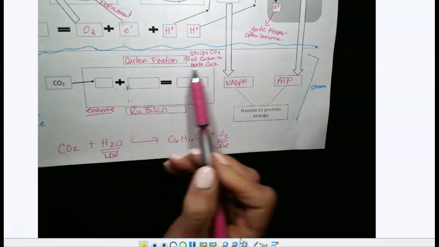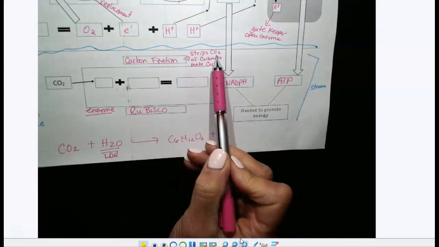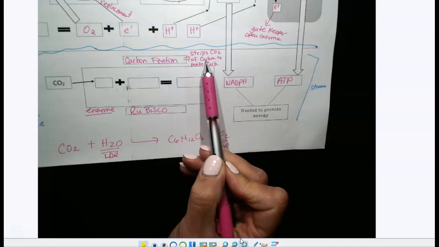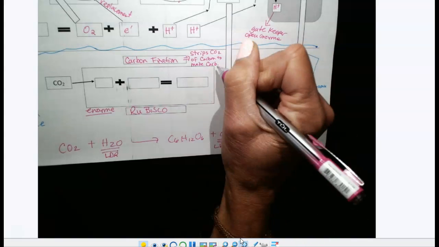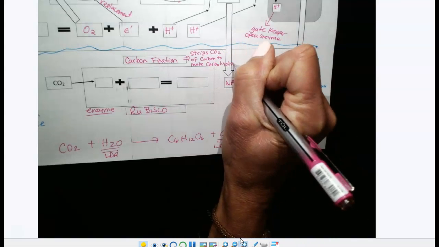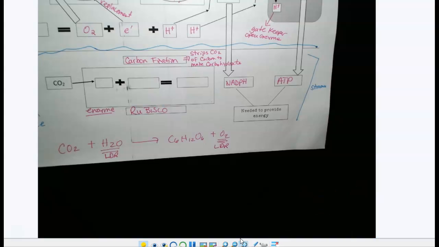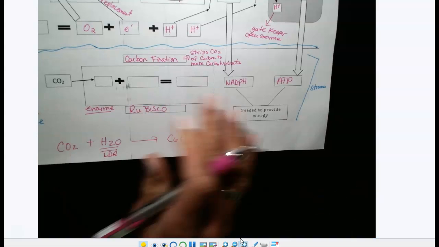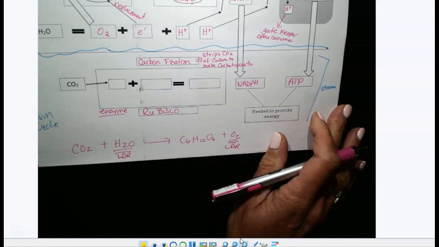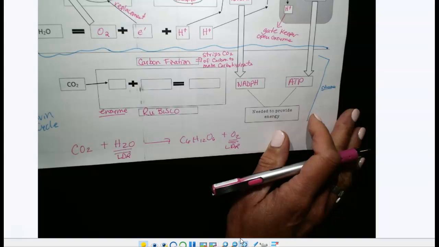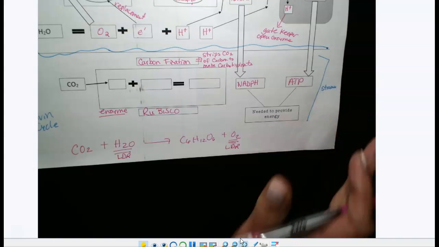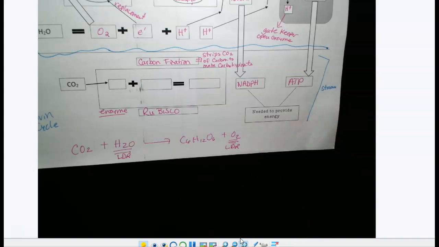So carbon fixation is stripping carbon dioxide of its carbon atom to make a carbohydrate. Now that's kind of easy terms. Technically, carbon fixation is taking an inorganic carbon molecule like CO2 and making it organic, like a carbohydrate.